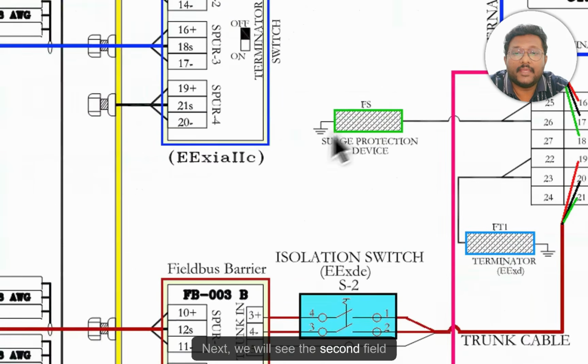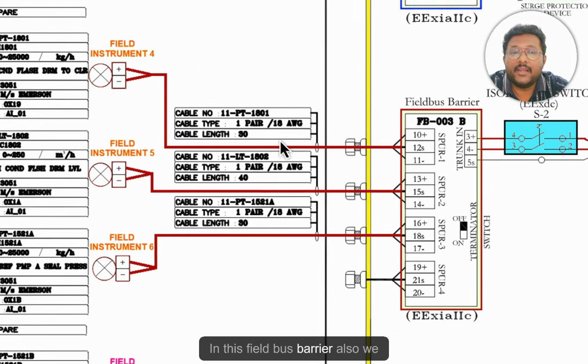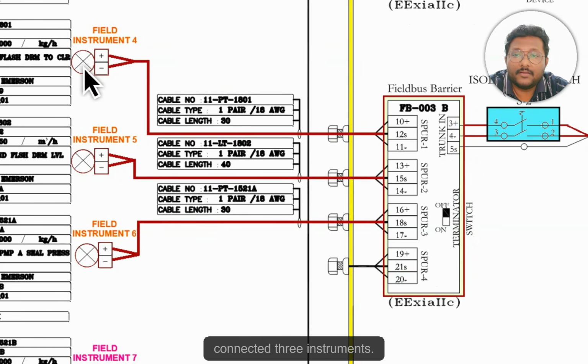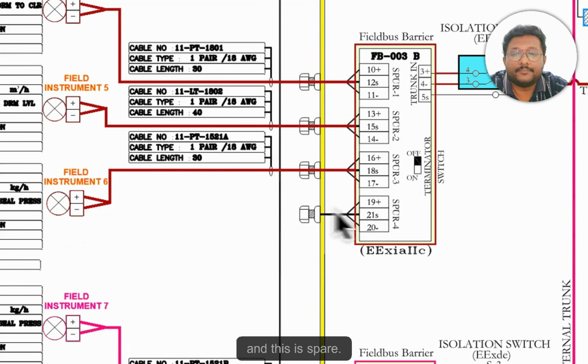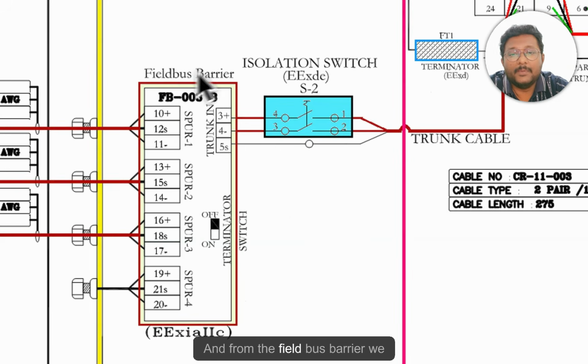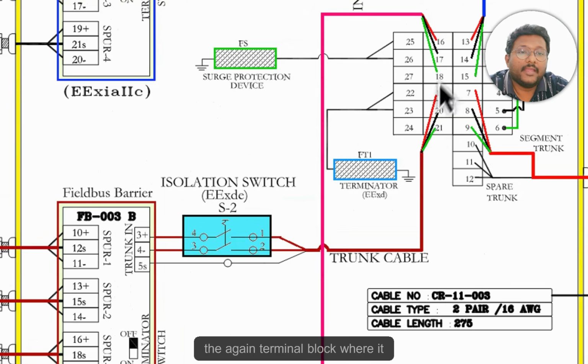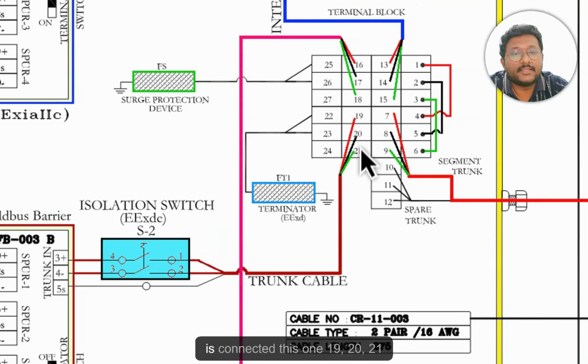Next, we will see the second field bus barrier. This is my second field bus barrier. In this field bus barrier also we connected three instruments: instrument number 4, 5, 6, and this is spare. From the field bus barrier it will go to the isolation switch, and from the isolation switch it will go again to the terminal block where it is connected.